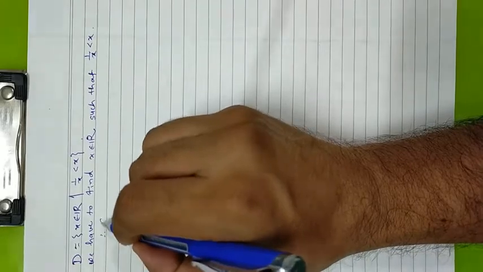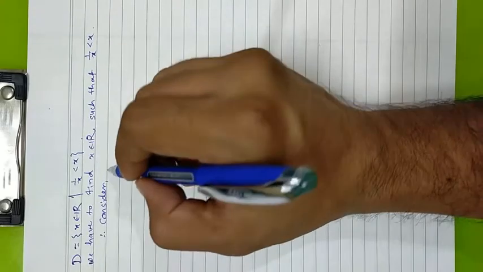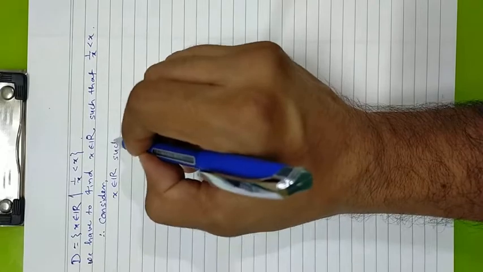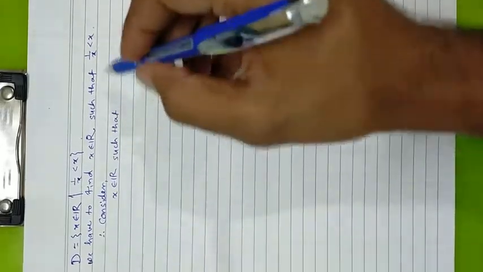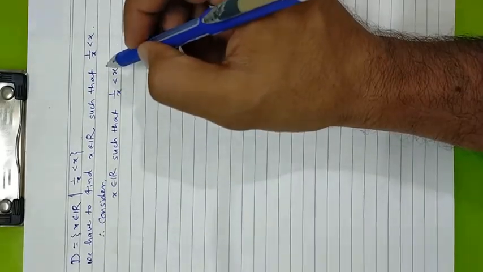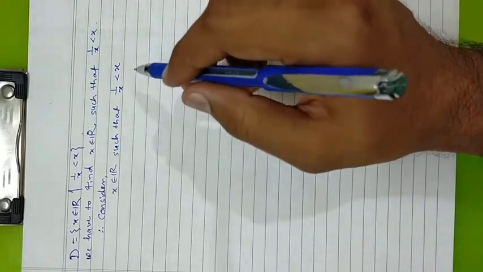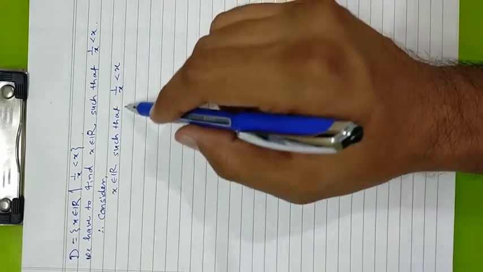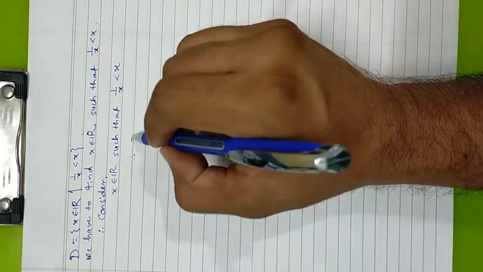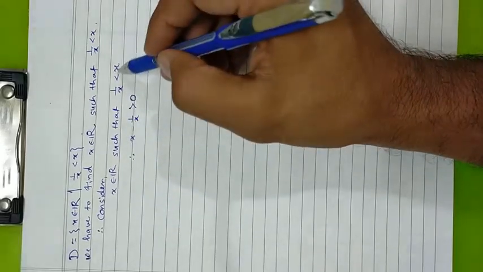Therefore consider a real number x such that it should satisfy this condition 1 upon x less than x. So simplify this thing. So how can I write this? I can write it as x minus 1 by x is greater than 0, right?